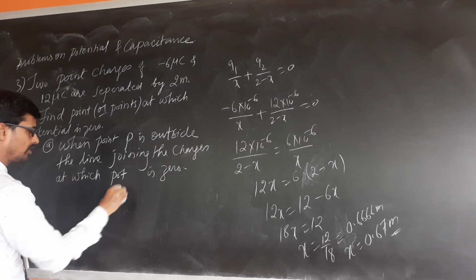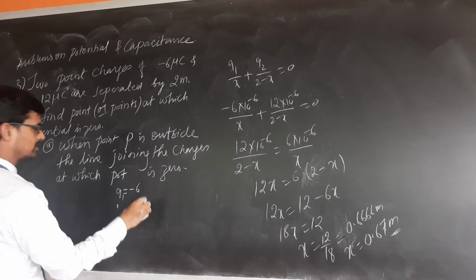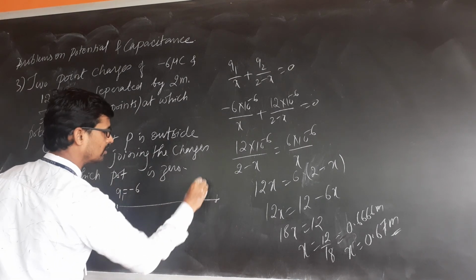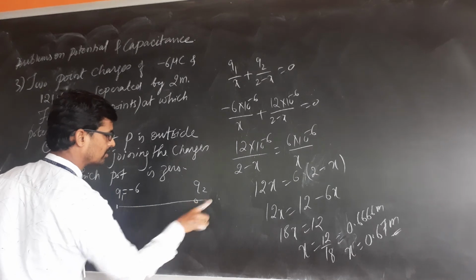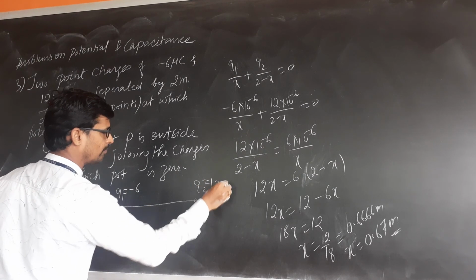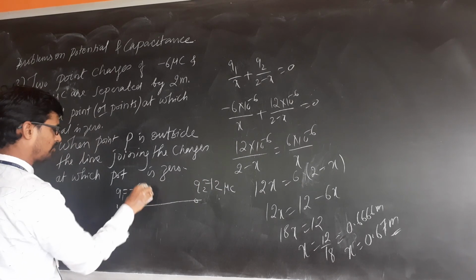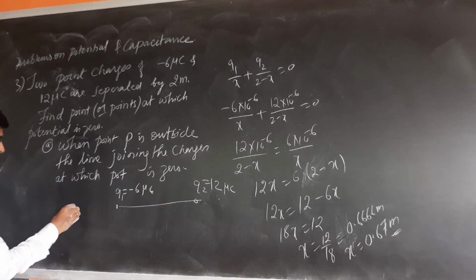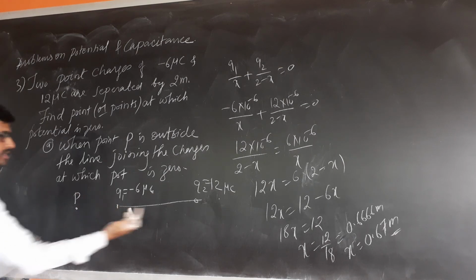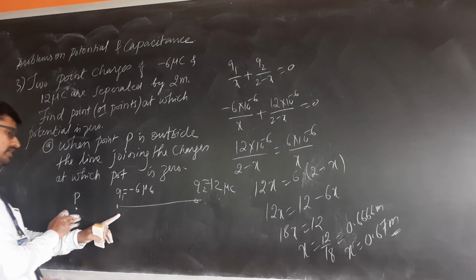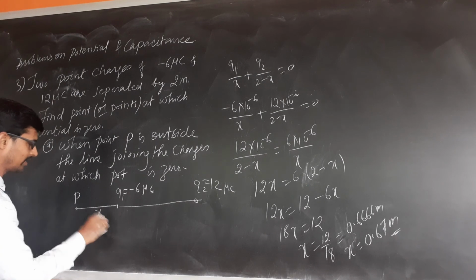See here, Q1 is minus 6 microcoulomb, Q2 is 12 microcoulomb. Now we take that point outside the line joining, at a distance of x.